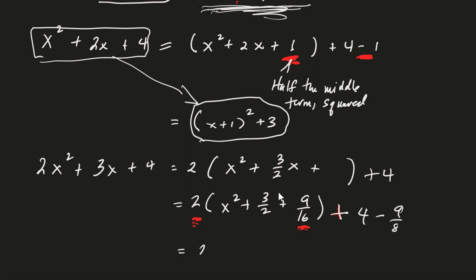And so then we get 2 times (x plus 3/4) squared. And 4 is 32/8, and 32/8 minus 9/8 is 23/8. So we'll have plus 23/8 on the outside. Okay, good.